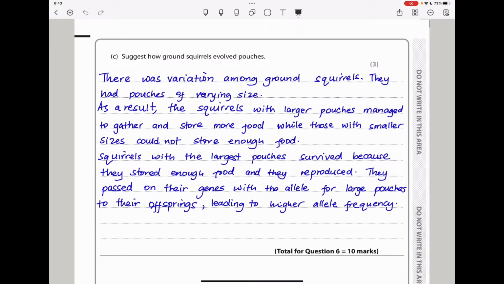They passed on the alleles, or the genes, for large pouches to their offspring, leading to a higher allele frequency. Or you could add on here, over generations. So the squirrels that had larger pouches were able to survive. So over generations, most of the squirrels evolved to have pouches.